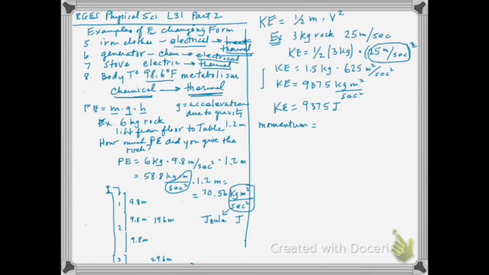So the momentum is dependent on two things: the mass of the object as it speeds in a direction, and then the velocity that it's going. So momentum is going to be mass times the velocity. Okay, so it's kind of easy.